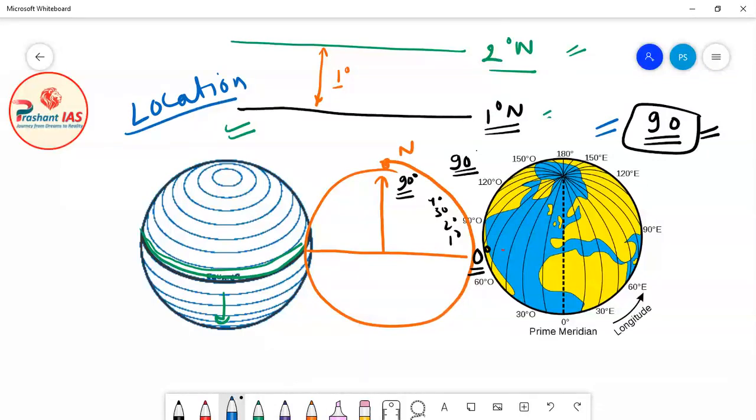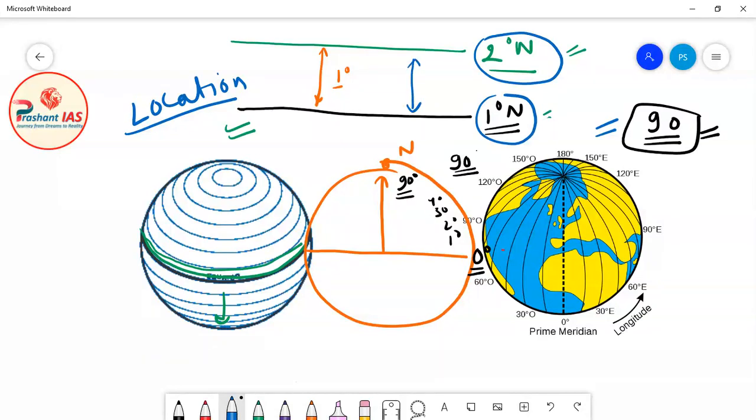Because the distance between each degree of latitude, for example between 1 degree north and 2 degree north, is so high that you can imagine this can be the distance between two distant cities. The distance between two consecutive latitudes is even more than the average distance between two cities.